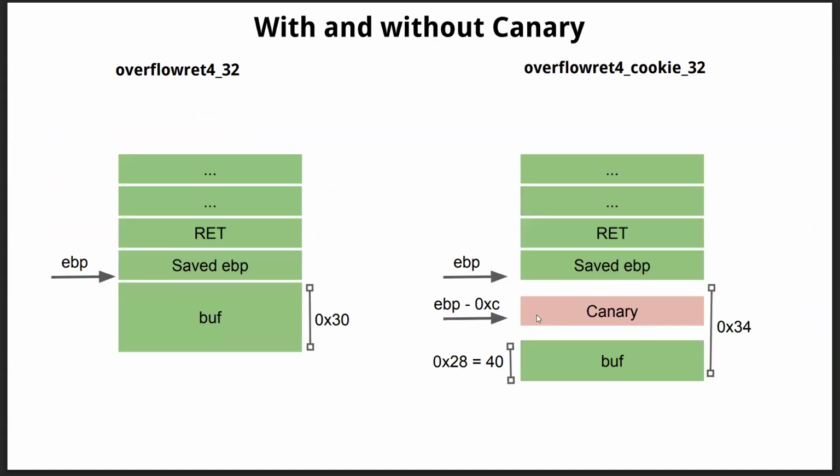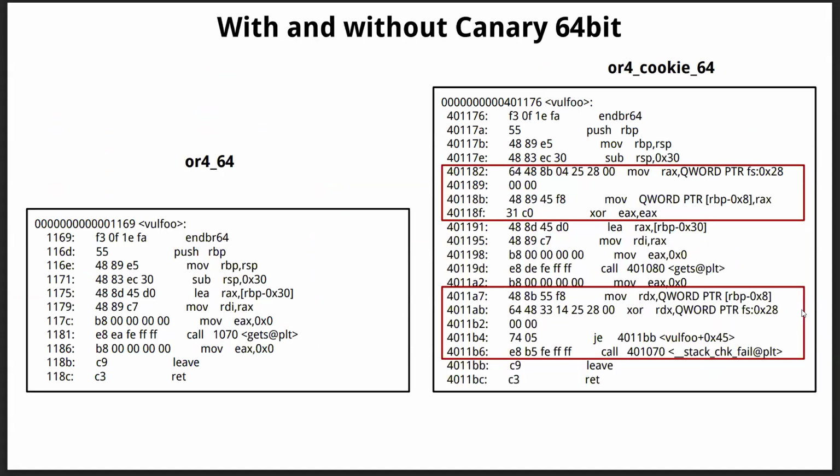So the Canary here, very simple idea. We just put some data there, random data, technically only 3 bytes. The last byte is always 0 in this implementation. The 64-bit version is the same thing, except instead of using GS, they use FS. Then the same idea for everything else.